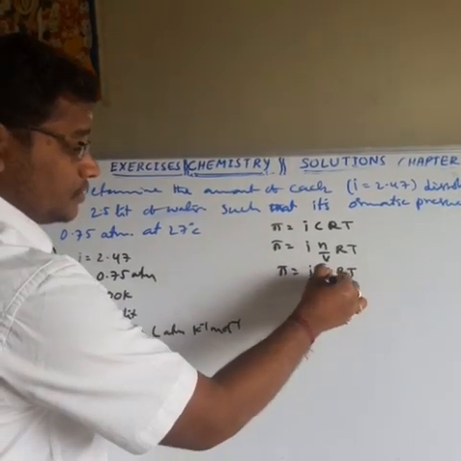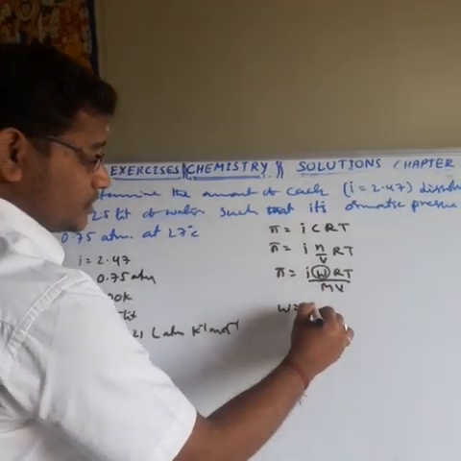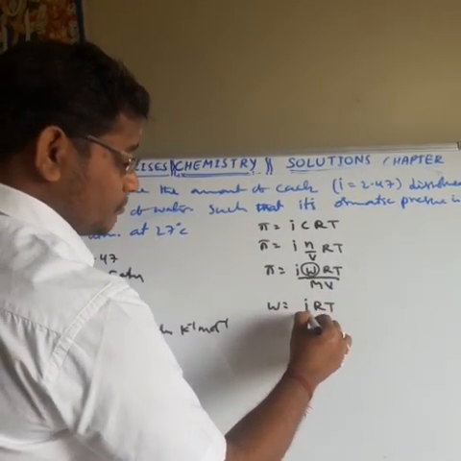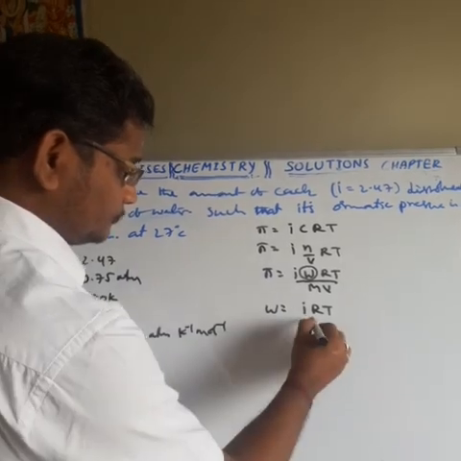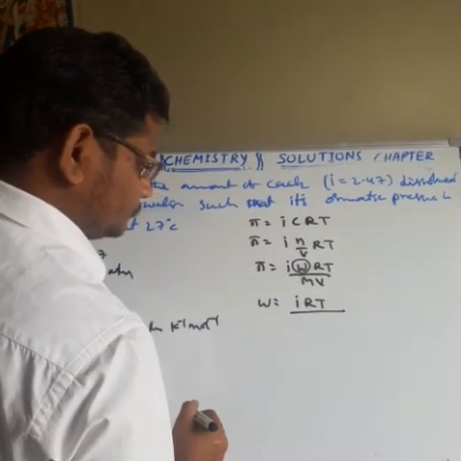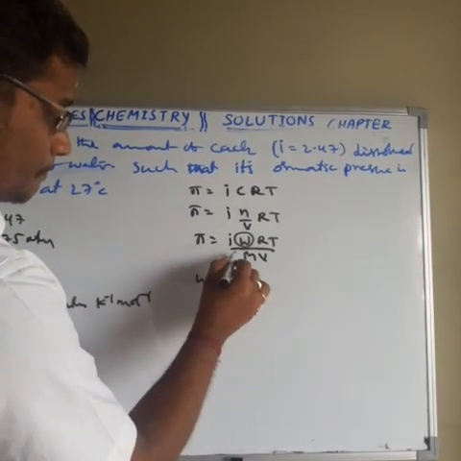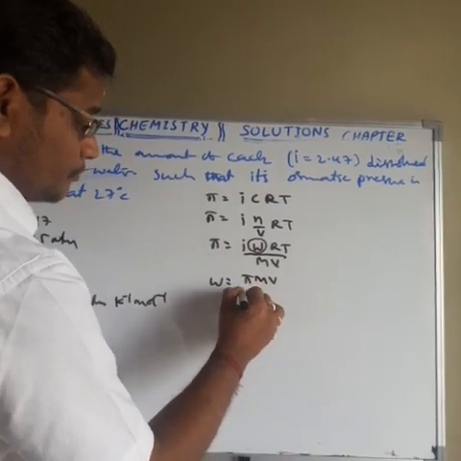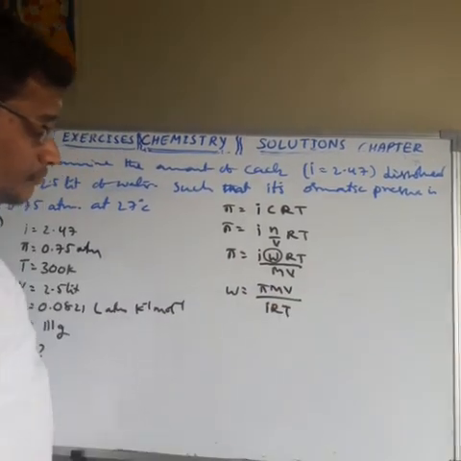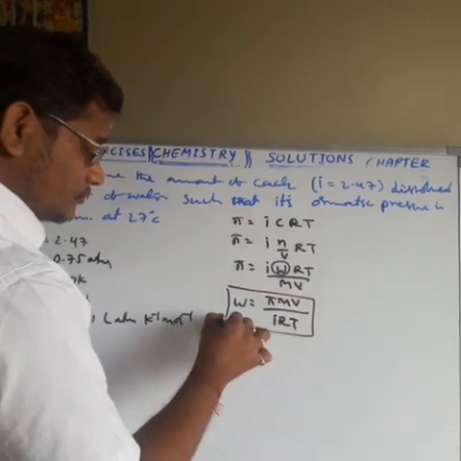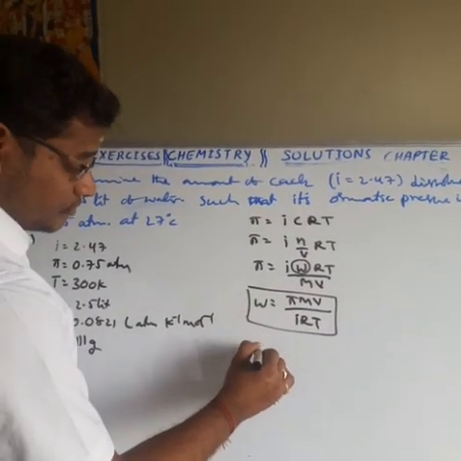So here the weight amount we have to calculate. W is equal to pi M V by iRT. So by using this formula, we have to calculate the weight of calcium chloride.